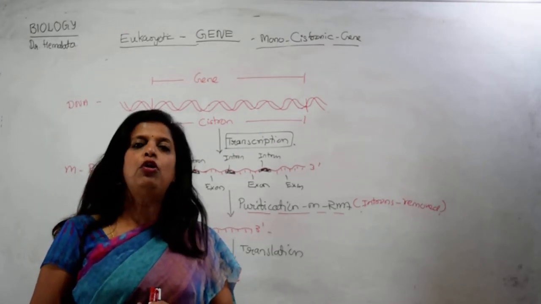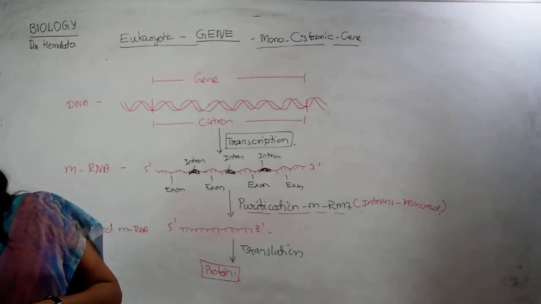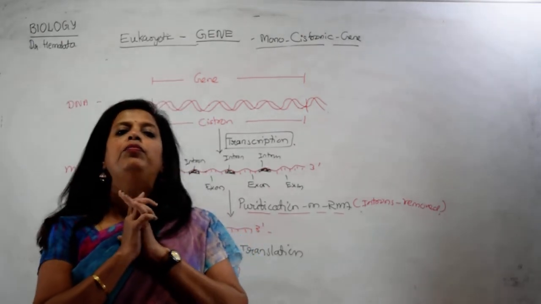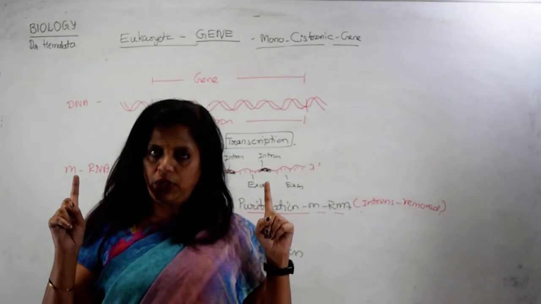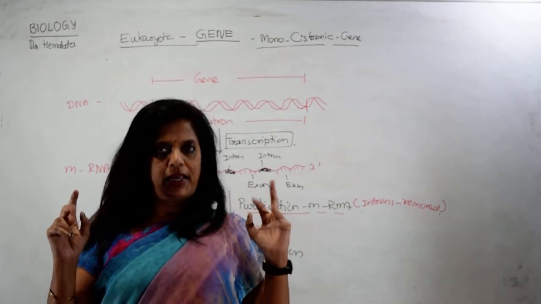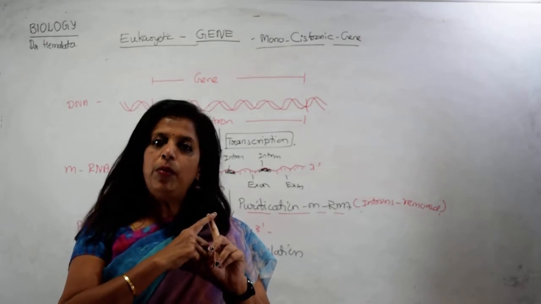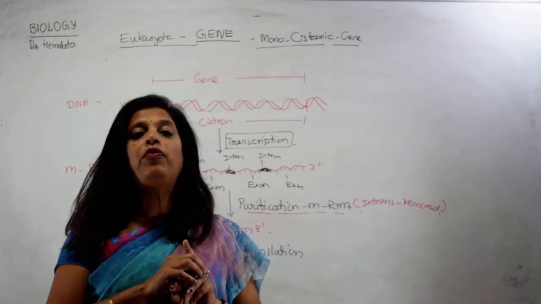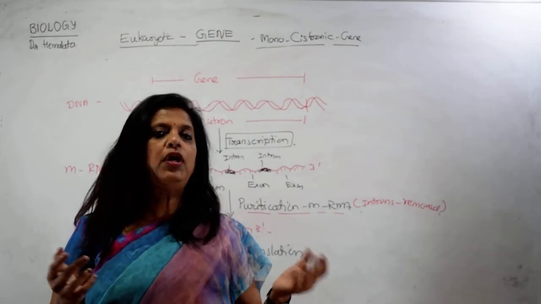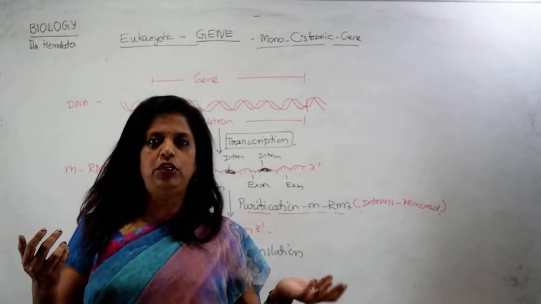Okay, so how do we distinguish polycistronic and monocistronic gene? First, polycistronic gene is found in prokaryotes, monocistronic gene is found in eukaryotes. Second, in the polycistronic gene, a single gene is made up of many cistrons, more than one cistron. Therefore, the name polycistronic.